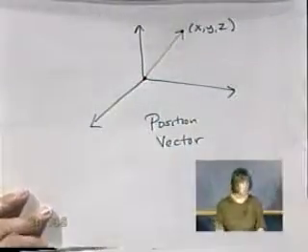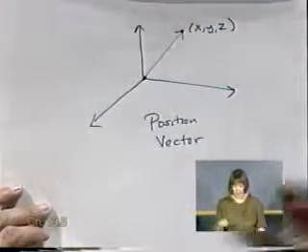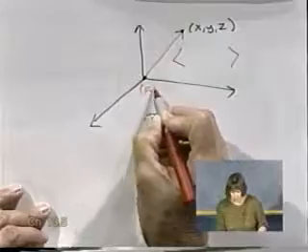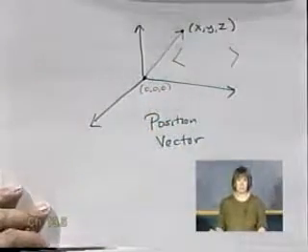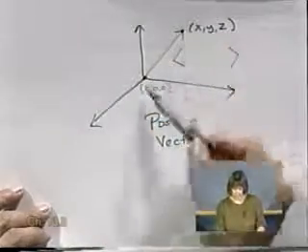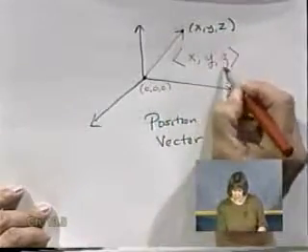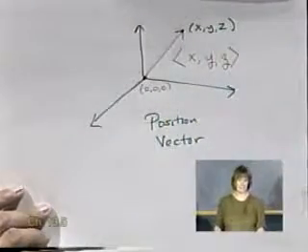It's pointing out the point from the origin. And you guys can tell me, what are the components of that vector? Well, the origin is 0, 0, 0, right? And so this would be x minus 0, which is x, y minus 0, which is y, z minus 0, which is z.